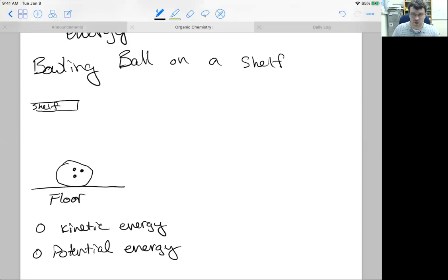Let's say the floor is the lowest point that we can get in this apartment or wherever we're at. The bowling ball is at its lowest point. Then one of us, either you or I, is going to walk in and be strong and say, I will lift the ball.